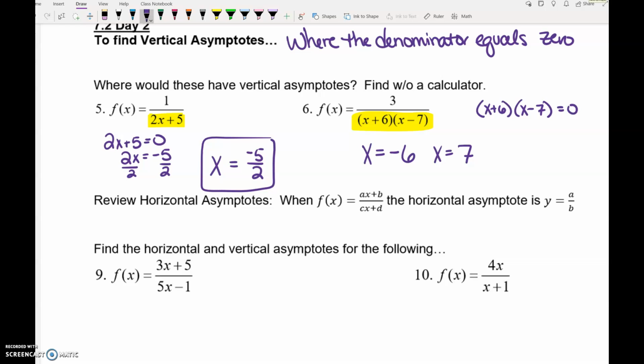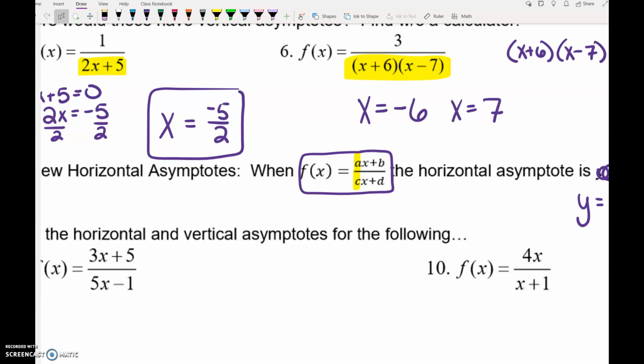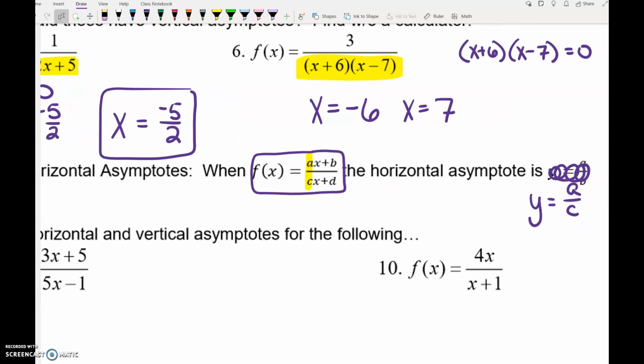We'll see. The horizontal asymptotes for this particular format, remember, it is where A, oops, this is a typo, where A divided by C. So the numbers that are in front of the x's, you do the A value divided by the C value, that will give you the horizontal asymptote.